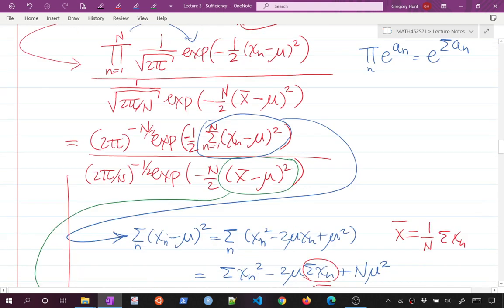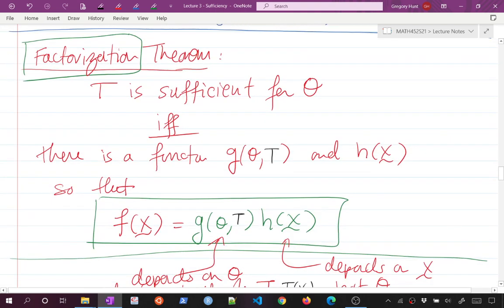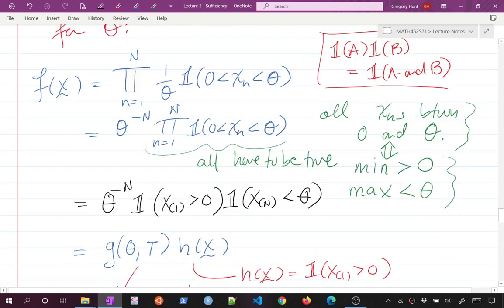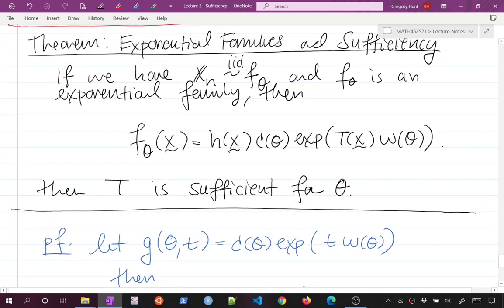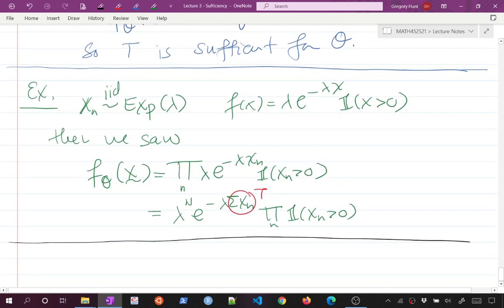And we looked at the mean for normal data, but we have this super useful factorization theorem that says if I can factor my joint distribution in a certain way, then I can find a sufficient statistic where I can show that things are sufficient. And so we looked at some examples of that. And for exponential families, we can pretty easily pick off the sufficient statistic in this way. So we'll stop there, and we'll pick up here next lecture.